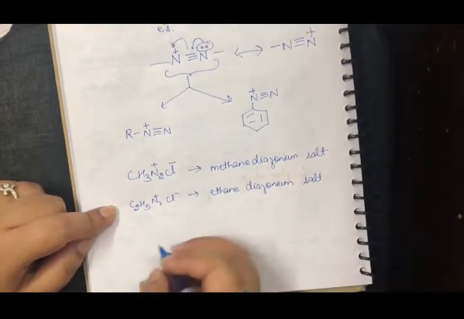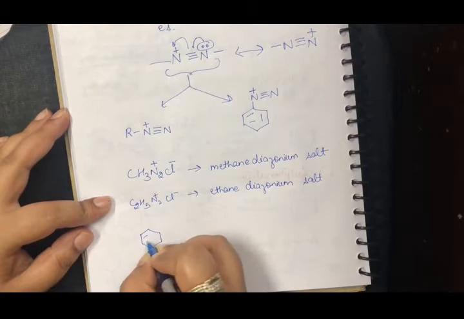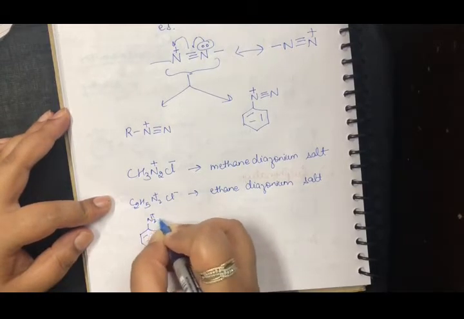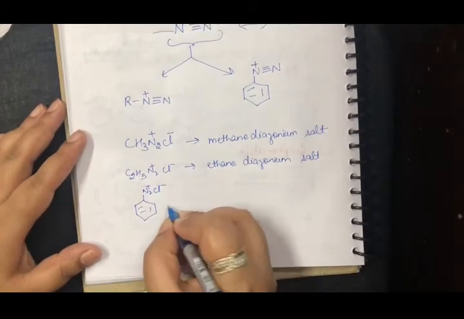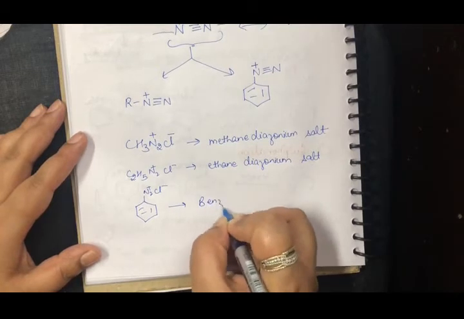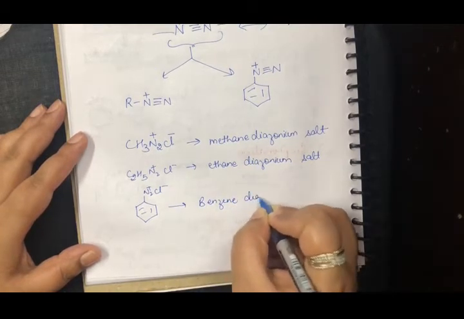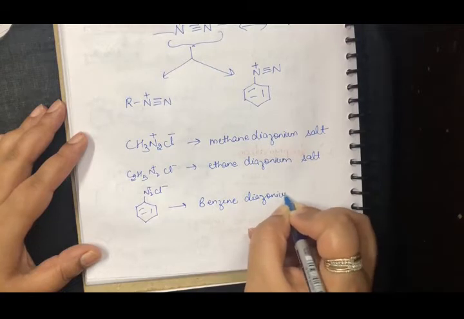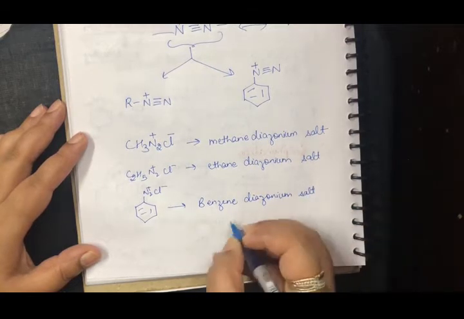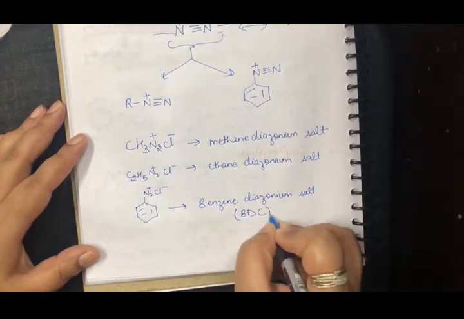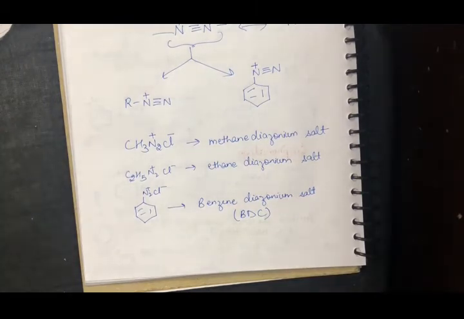Similarly, if I have it in the aromatic characteristic, this would be called benzene diazonium salt. Now, for simplicity and saving a little bit of time, I will write it as BDC for the rest of the video.